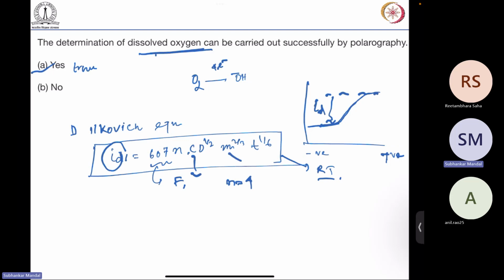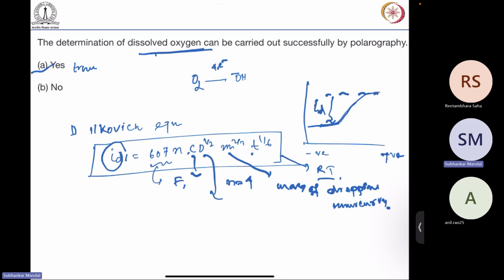M is the mass of the dropping mercury, and t is the time for the fall of the drop. These things we know, so all the parameters you know.